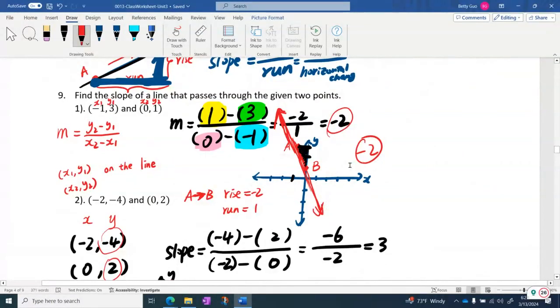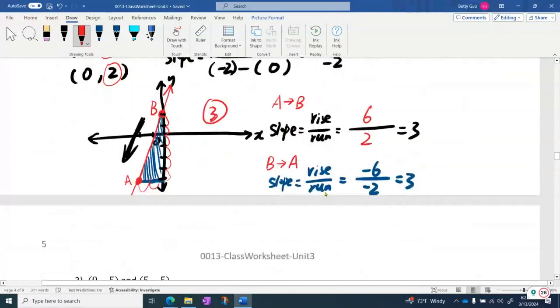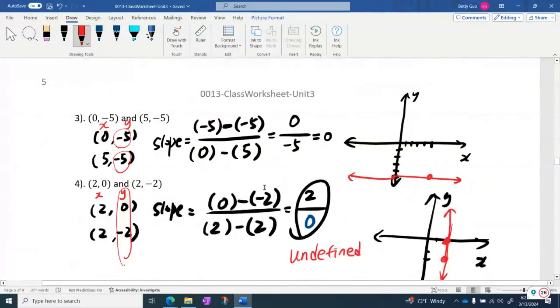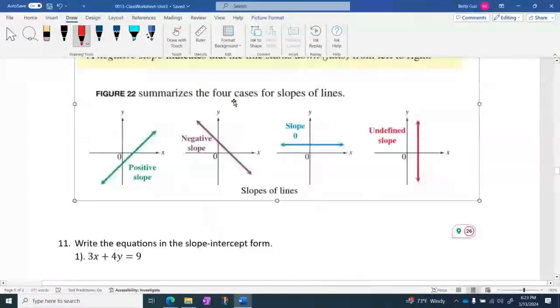That makes the slope negative. But if the line goes up, you run to the right and you also go up. Both the rise and the run are positive, so the slope is positive. And we also see why a horizontal line has a slope of 0, and a vertical line has no slope, or undefined slope. All right, very important.